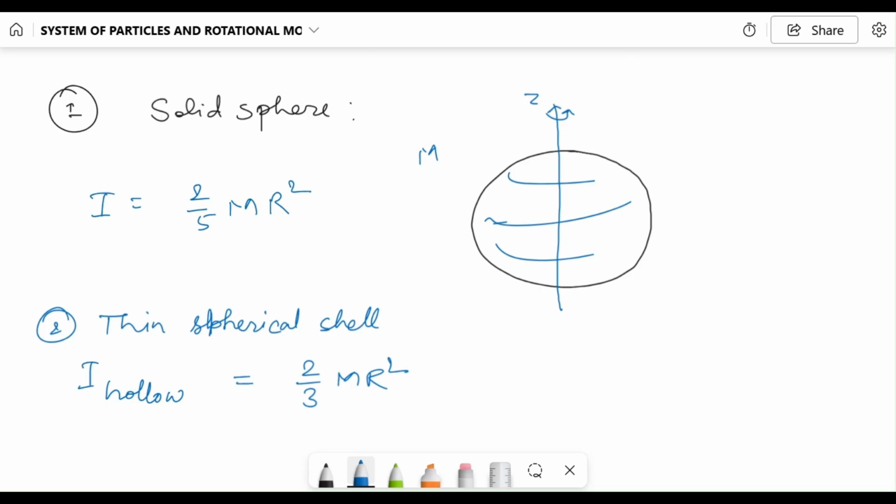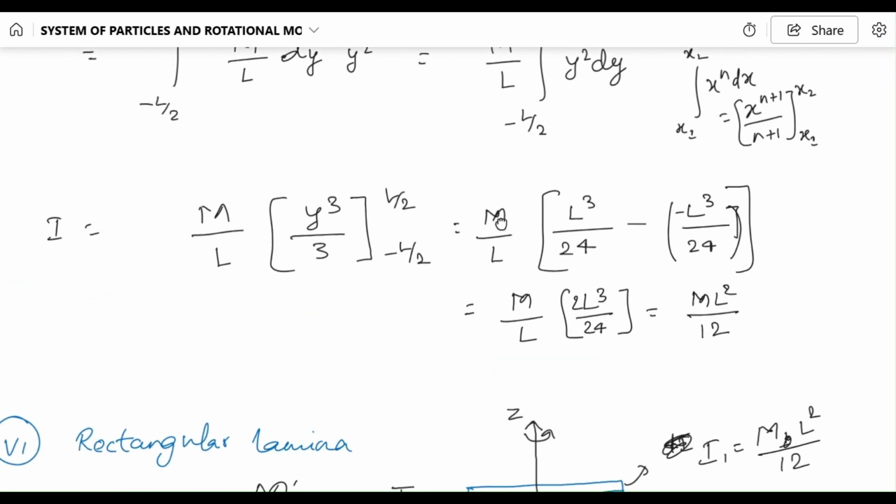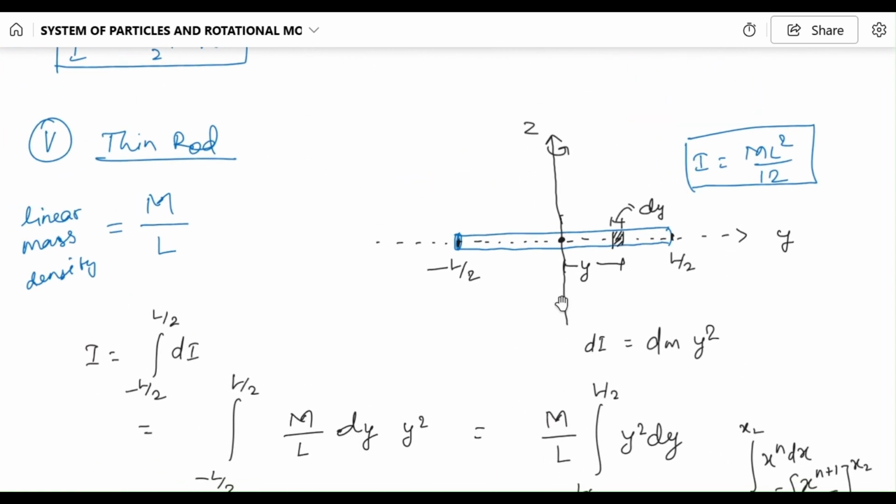Now, if I'm coming to this point, just a minute here. If I'm coming to this point, and if I'm asking what is the moment of inertia of this rod about an axis which is passing through one of its ends, what is the moment of inertia about this axis here?